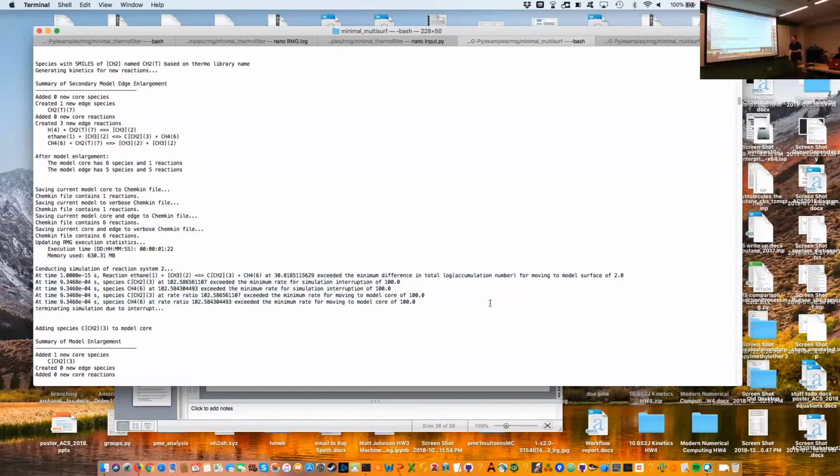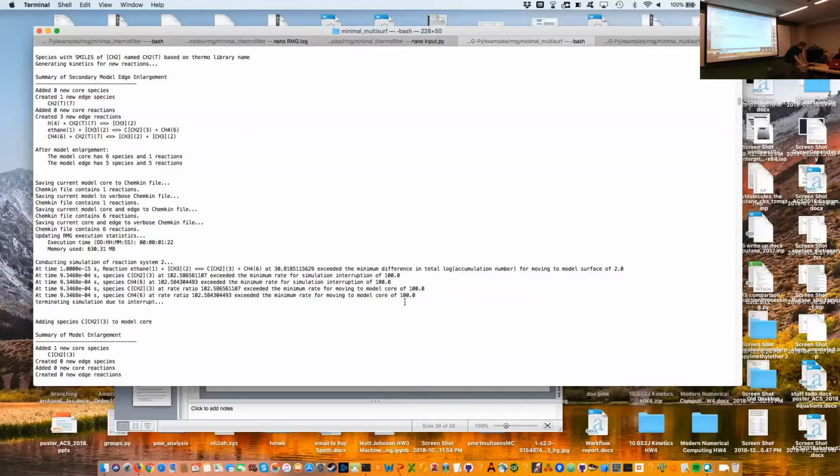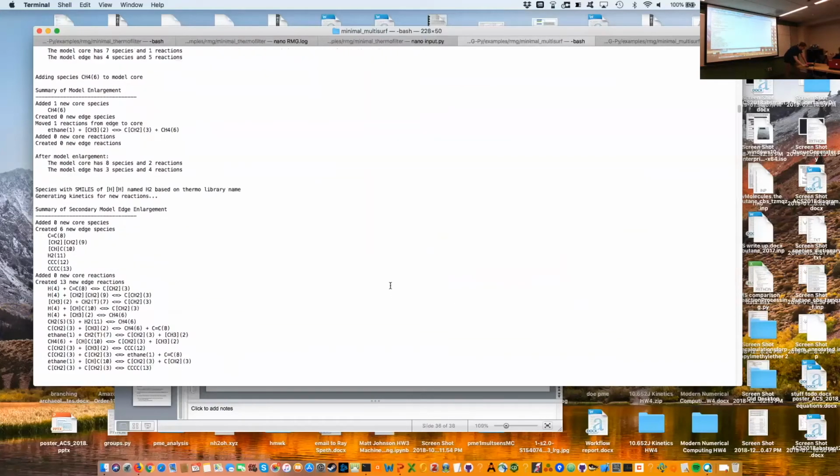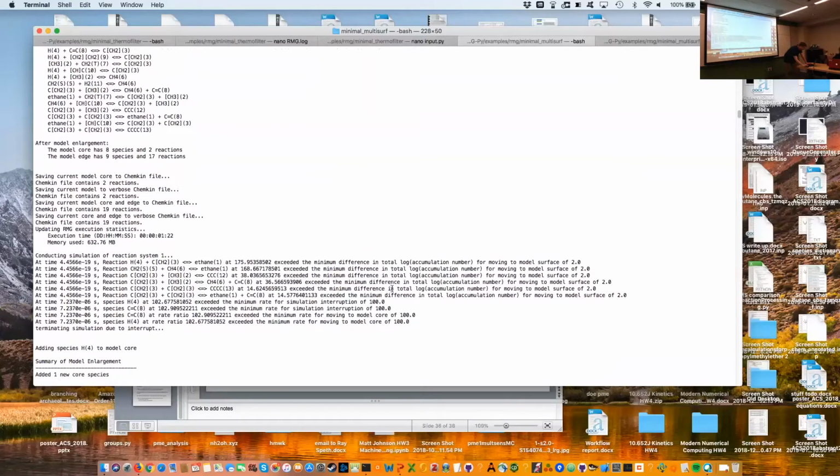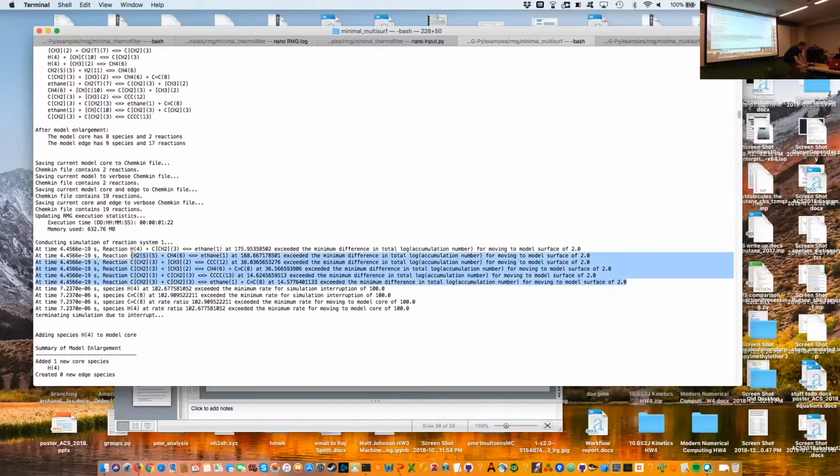In general, what you can see here is that we have some stuff entering the core ordinarily with the flux criterion, but we also now have this reaction itself entering the core, which puts all of the species involved in the reaction into the core. And here we have a bit more of this stuff going on.